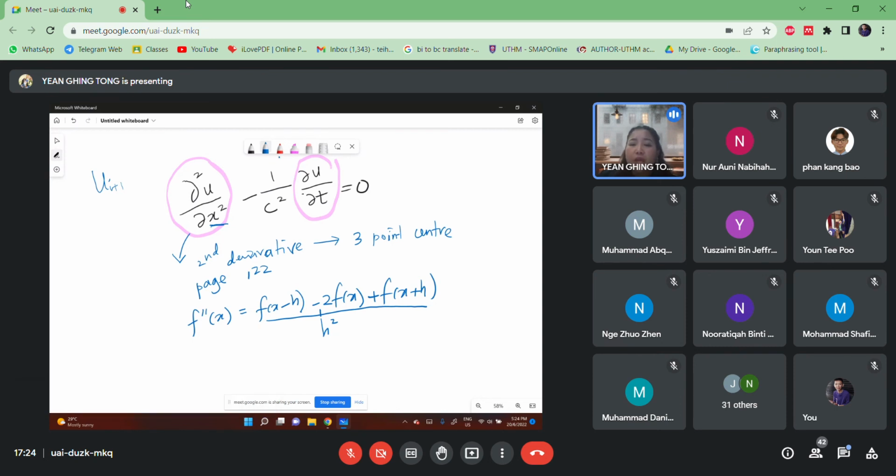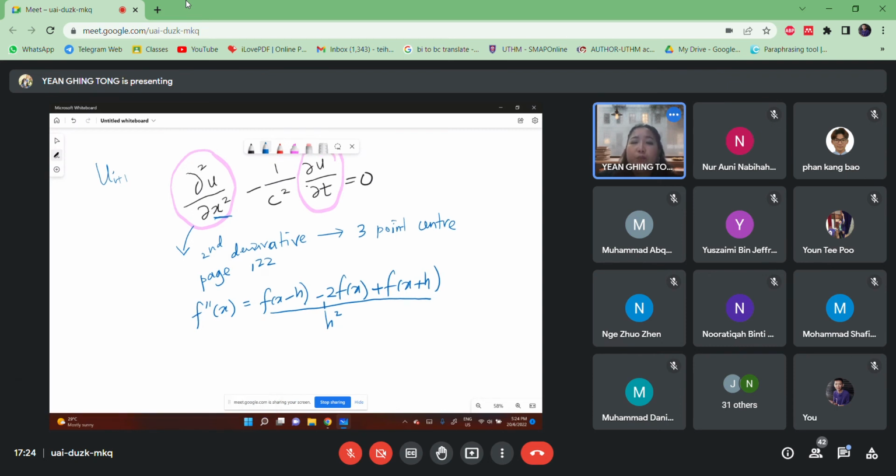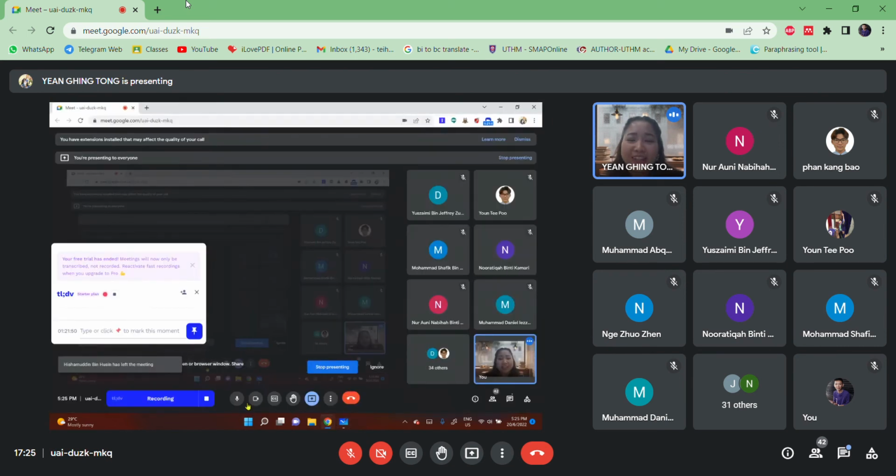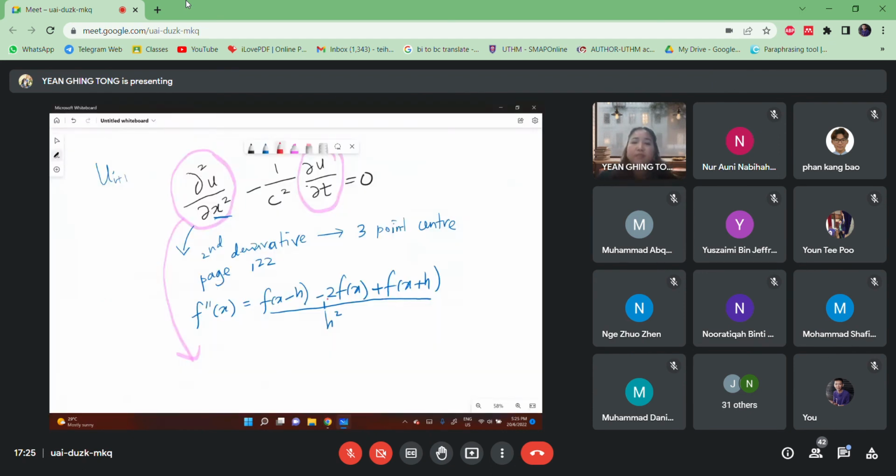Okay, so now I want to change from this one to finite difference form. We call it, wait a moment. Okay, we will change into finite difference form. So that means this one, we will change from here.